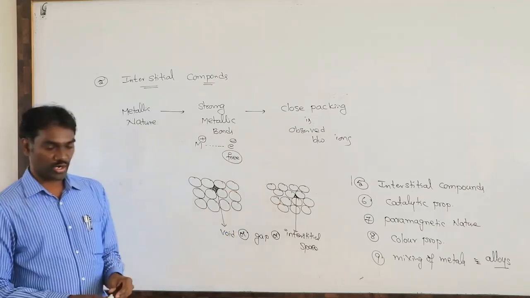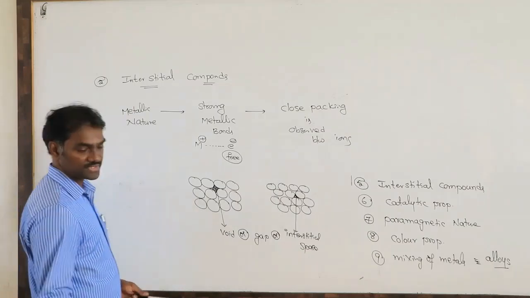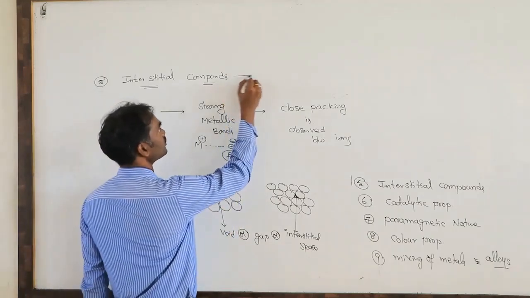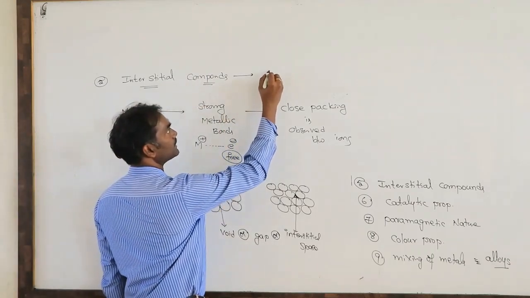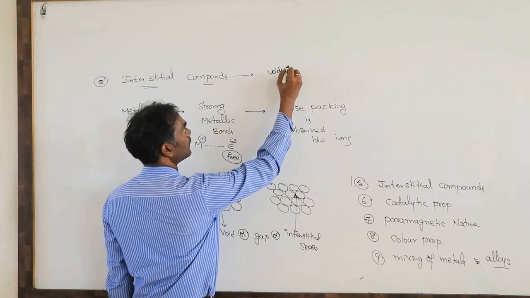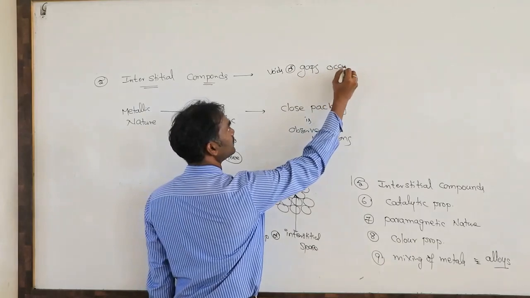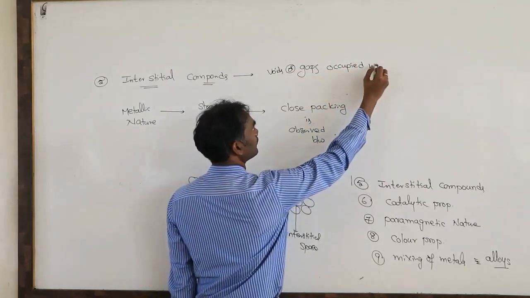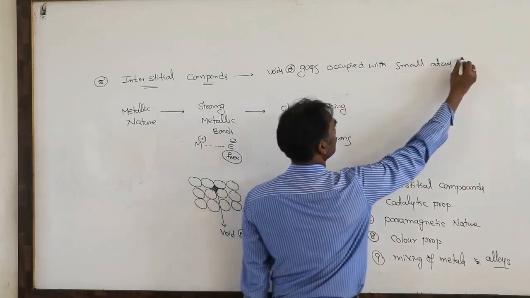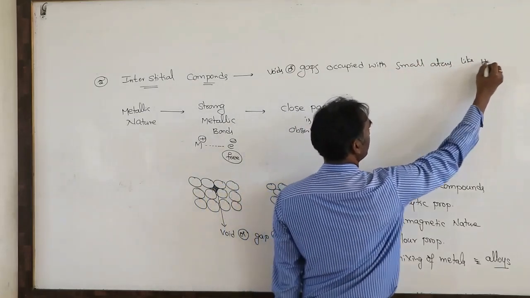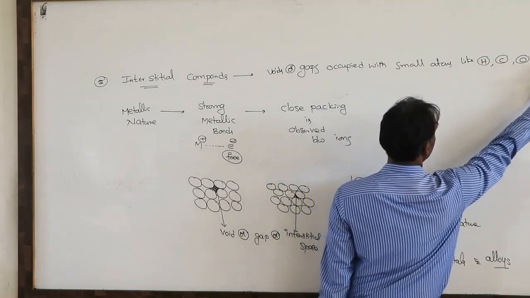In the d-block elements, what happens? Those gaps are occupied with some small elements. Interstitial compounds means that the voids or gaps are occupied with small atoms, like hydrogen, carbon, oxygen, nitrogen and so many.